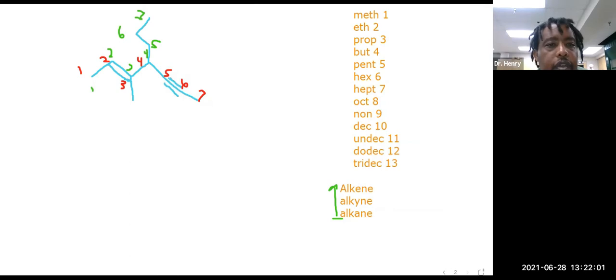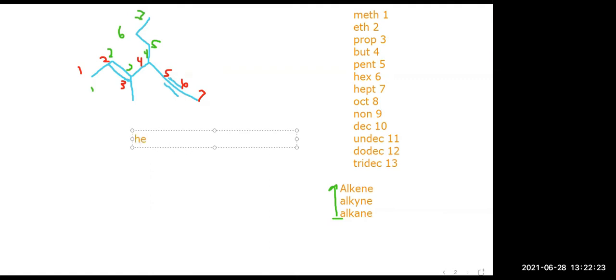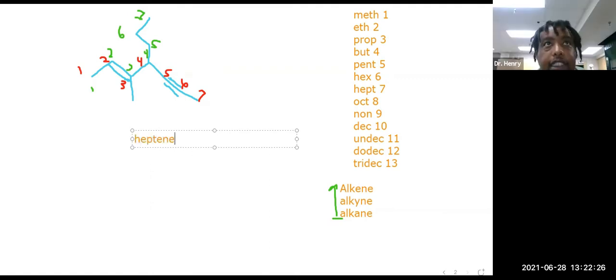Okay, so then we're going to start off with the back part. So a 7 carbon hydrocarbon is called a what? Heptene.